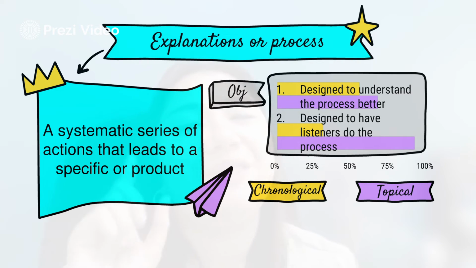So I would like to use the explanation on how to make nasi goreng during COVID-19 as an example. Okay, so you can use two strategies. Number one is chronological, one by one, or topical, topic by topic.